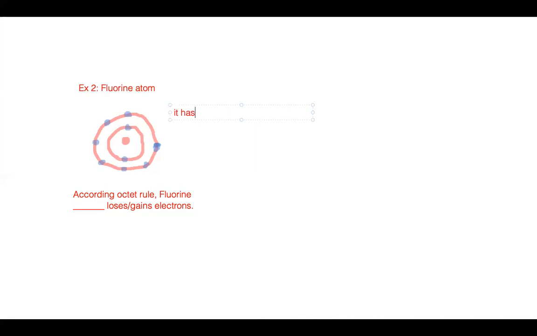So it has 7 valence electrons. So to become 8, it needs how many more? Just 1 more electron. Just it has to add 1 more electron.